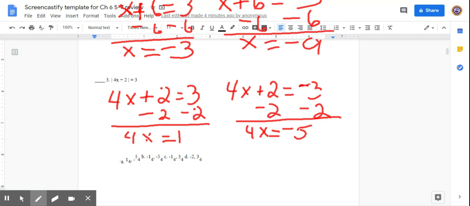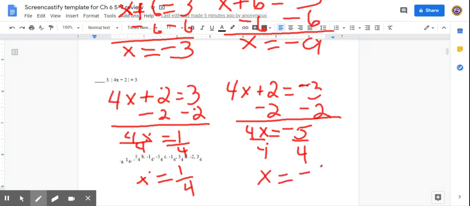I'm multiplying by 4, so I need to divide by 4. So I'm going to divide both sides by 4. When I divide both sides by 4, I get x equals 1/4, or x equals -5/4.